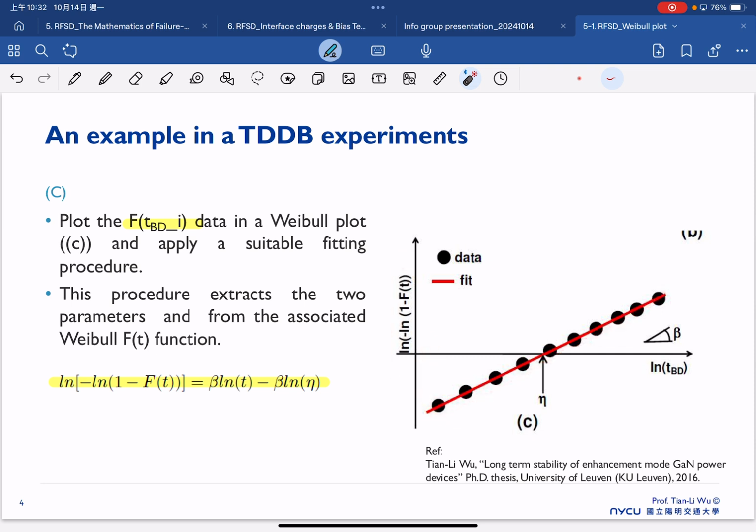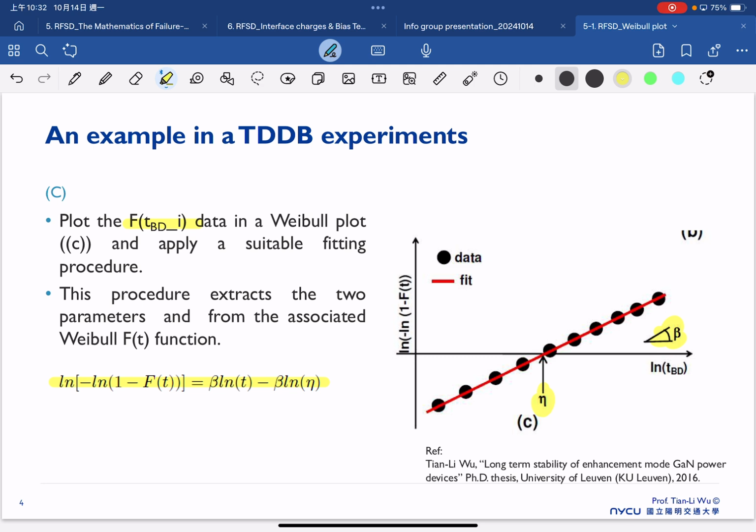So we can start to make this Weibull plot, and then we can start to calculate the slope here and also the intercept. This is the intercept here. So this is the last step here.